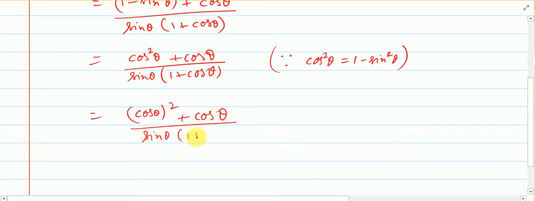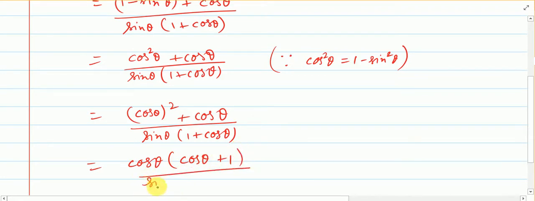So cos theta is common in the numerator, so you get cos theta, and here we have cos theta, so 1 is coming out, and 1 is left inside, plus 1, and down we are getting sine theta (1 plus cos theta).